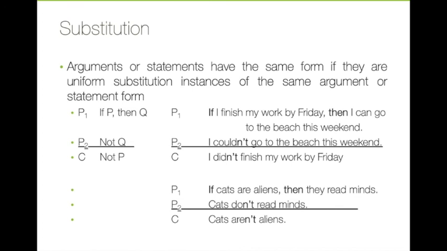Cats don't read minds, so cats aren't aliens. So when we know arguments have the same form, we can conclude something about them based on their logical form. We can conclude that they have similar logical properties, like validity and invalidity that we covered before.